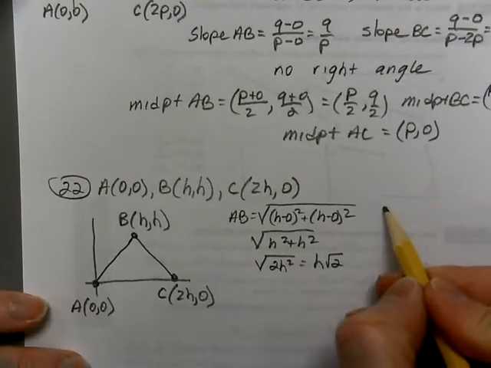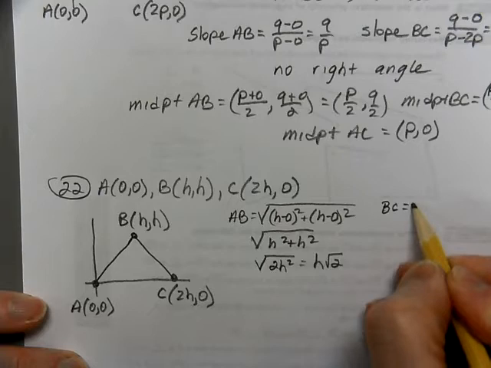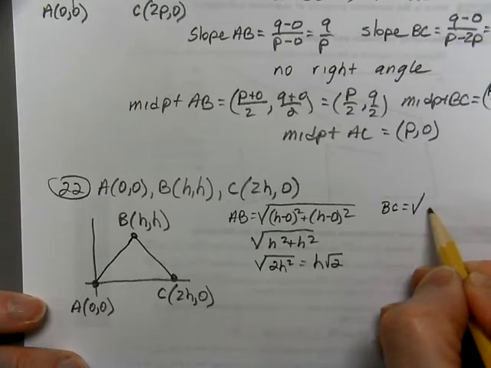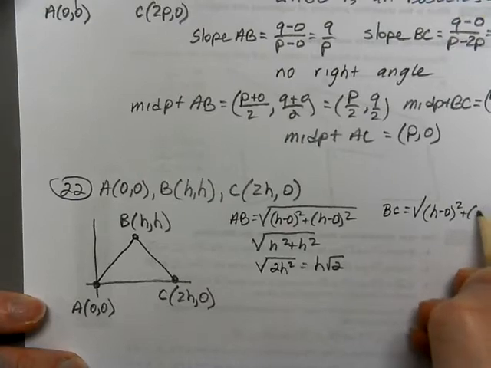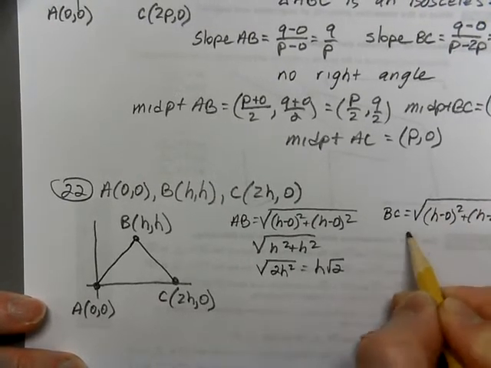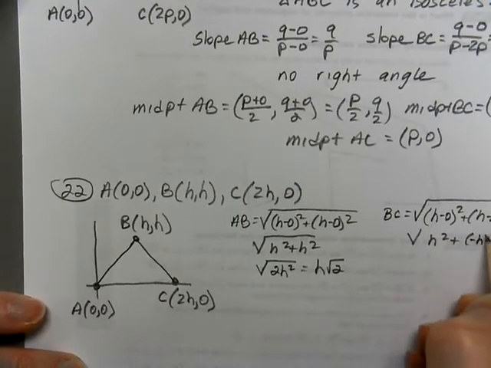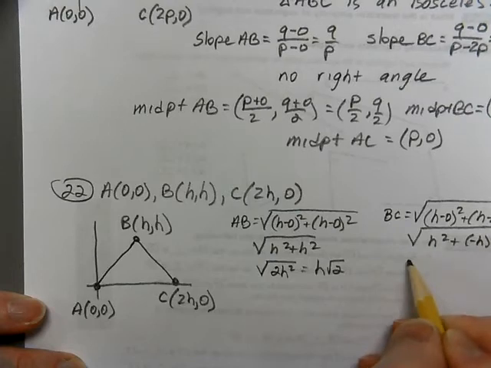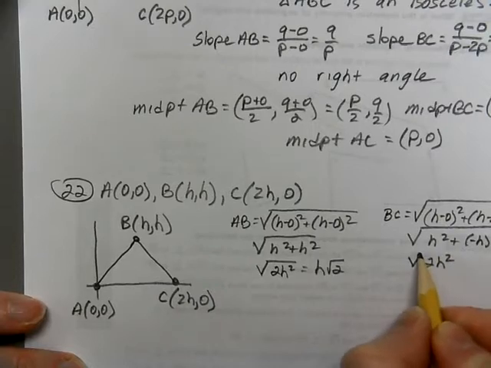Now the length of BC is h minus 0 and h minus 2h. So that's h squared plus a negative h squared, which gives us 2h squared.